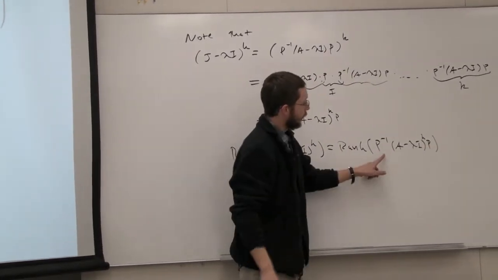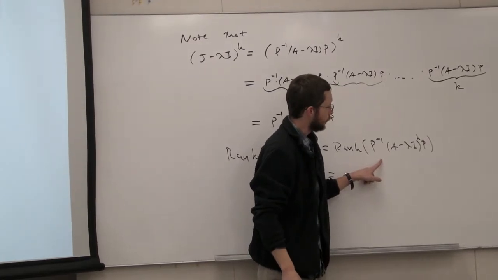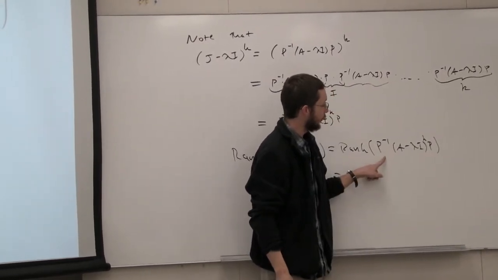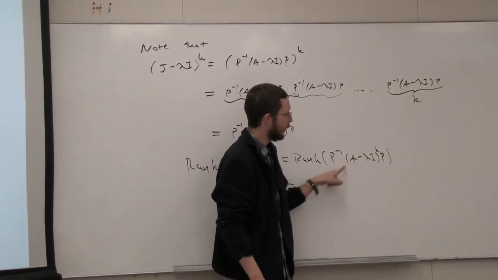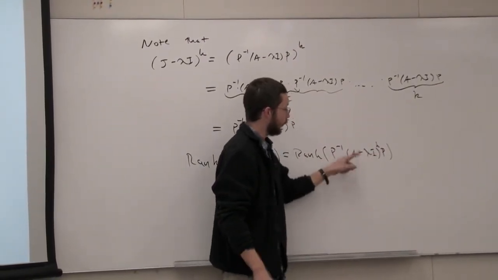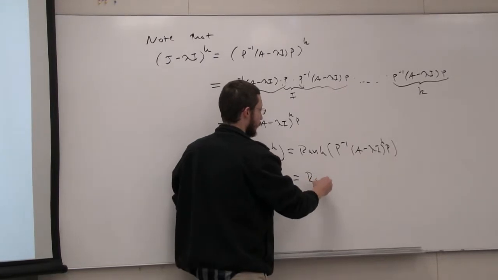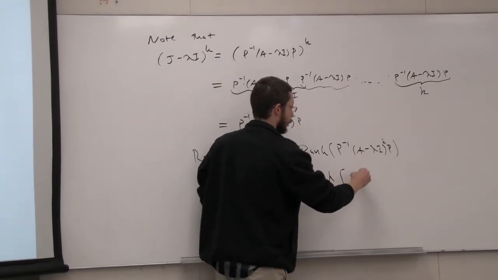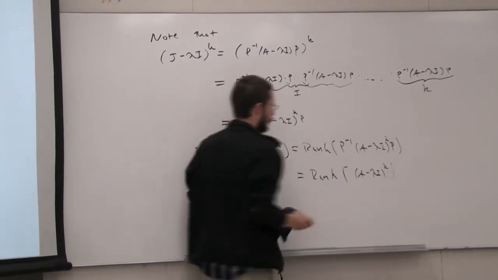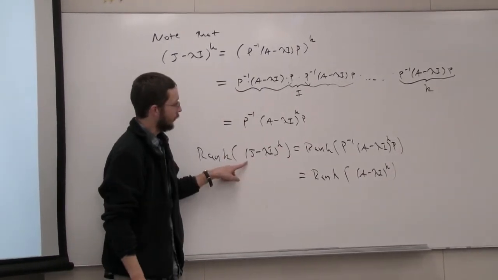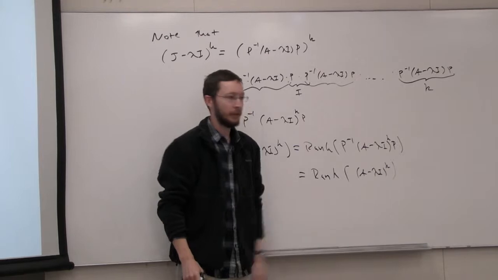And we know that in changing basis, multiplying with an invertible matrix in this way doesn't change the rank of this matrix here. And so we get that the rank of this matrix matches the rank of that matrix.